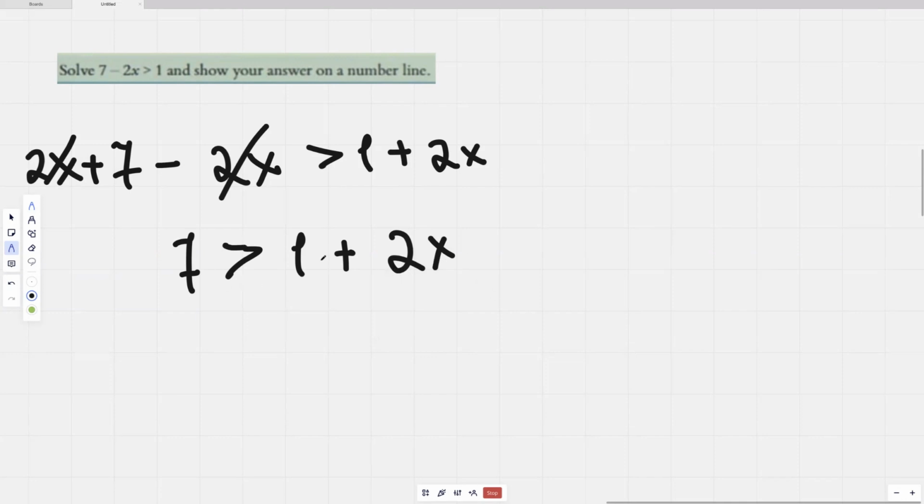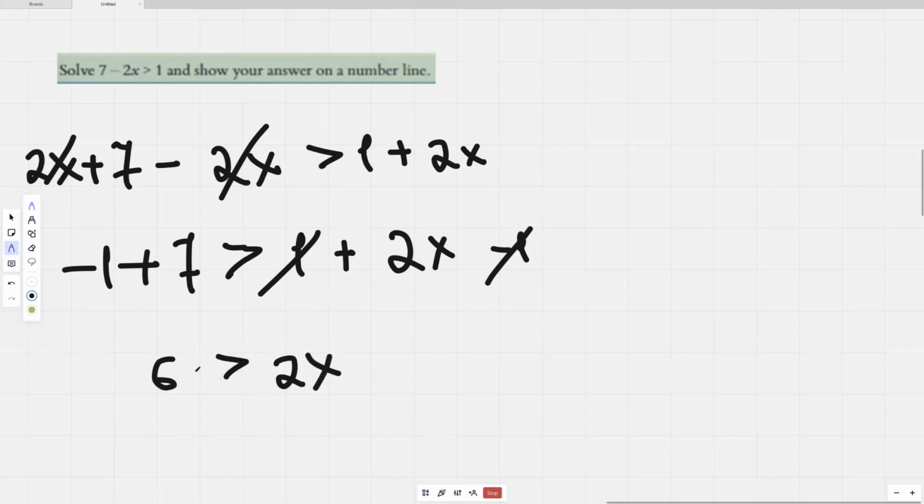Then we have to subtract the 1 from both sides. Minus 1 plus 7 and minus 1. The minus 1 and minus 1 cancel down, they give 0, and minus 1 and plus 7 is equal to 6. 6 is more than 2x.